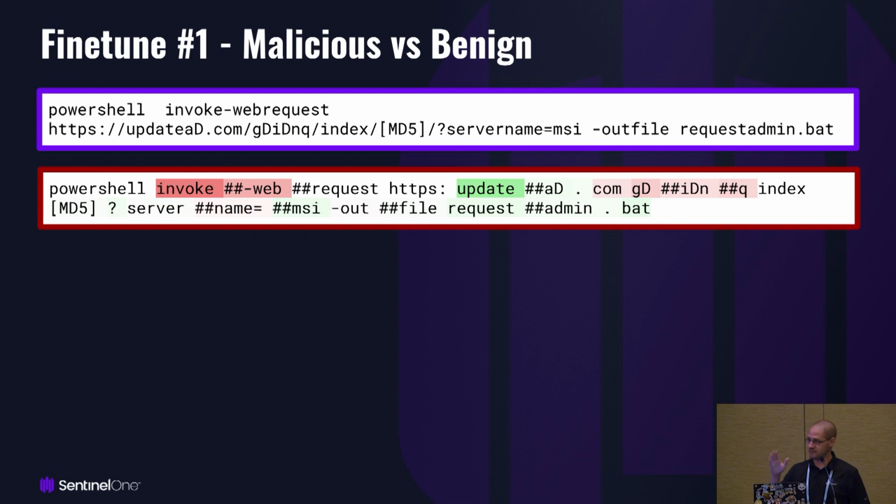You can extract, for each one of the tokens, how much it supported the decision of whether a command line was malicious or benign. So for example, you can see here the different parts that led the model to this classification. Here you can see the Invoke-WebRequest inside of this PowerShell, and some parts of the URL cause it to think this command line is malicious.